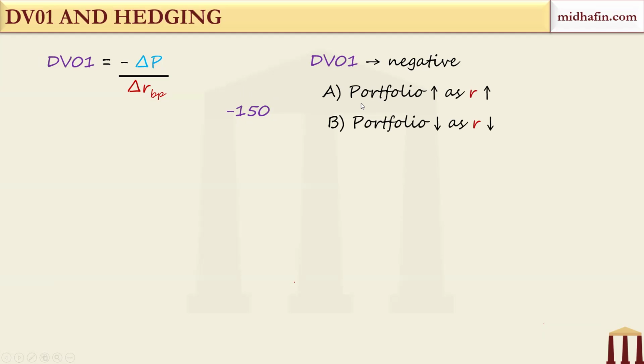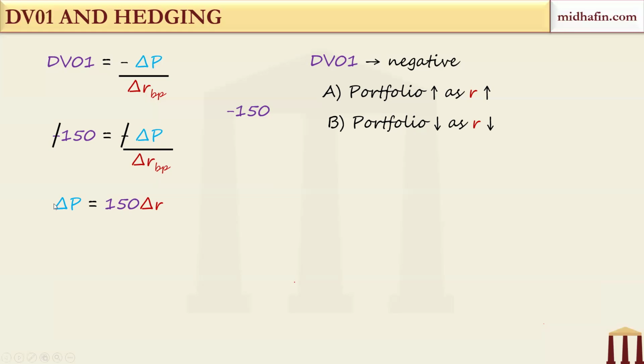It indicates that the portfolio value increases as delta R increases. If there is an increase in interest rates, the value of the portfolio will increase. If there is a decrease in interest rates, the value of the portfolio will decrease. Negative DV01 indicates this. For positive DV01, if R increases, value will fall. If R decreases, value will increase.